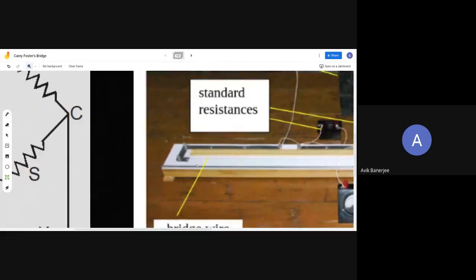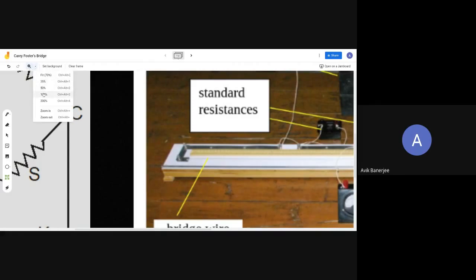And even if we don't ignore that, we can measure unknown resistance using this Carey Foster bridge. এবার idea হচ্ছে যে whenever we connect a resistor between any of these gaps, the left gap or the right gap, we should detach this metal strip from the bridge.